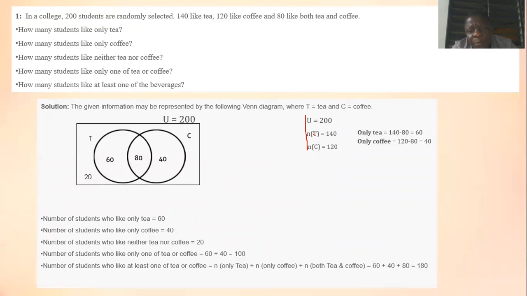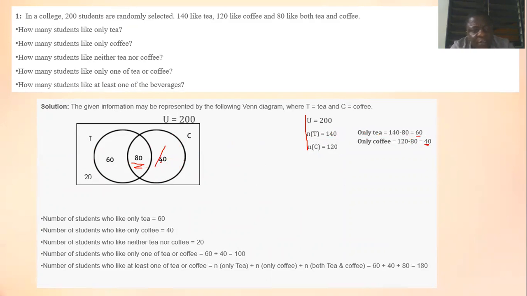To have the people who prefer only tea, we must subtract their intersection of 80, and that will give us 60. To get the number of people who prefer only coffee, we must subtract the intersection again, which is 80, and that will give us 40.